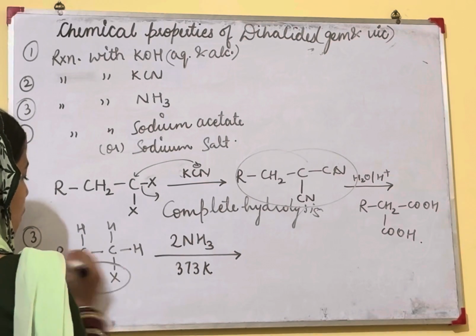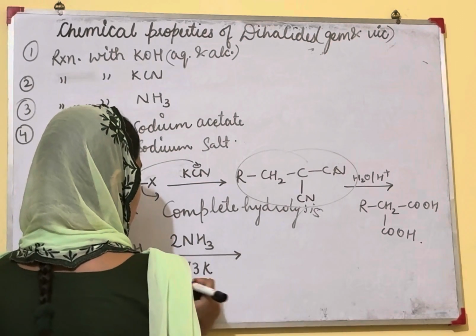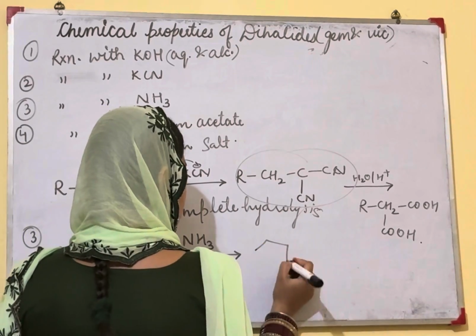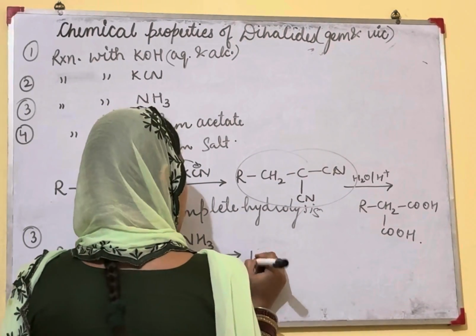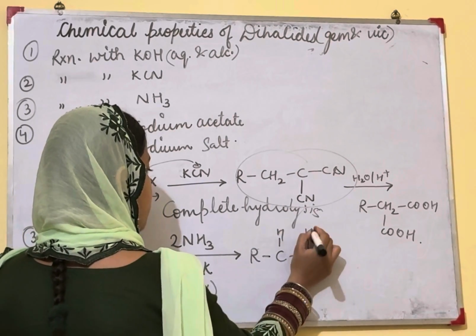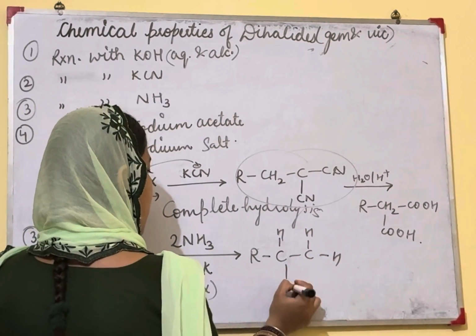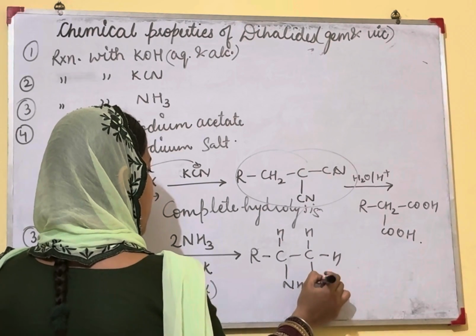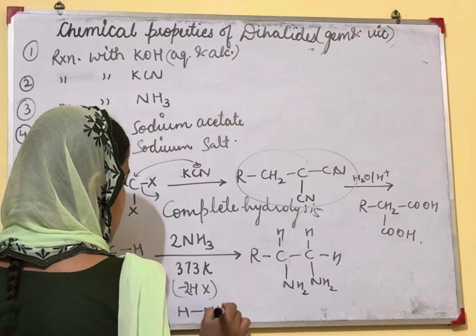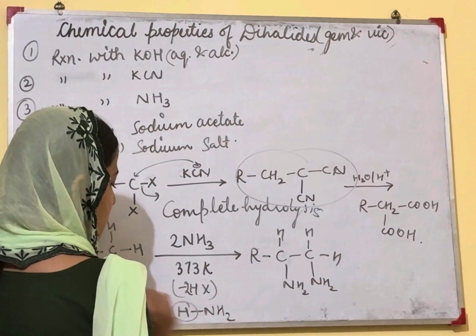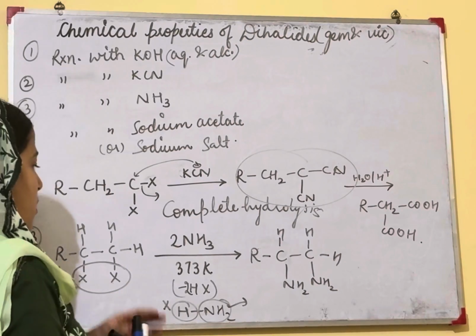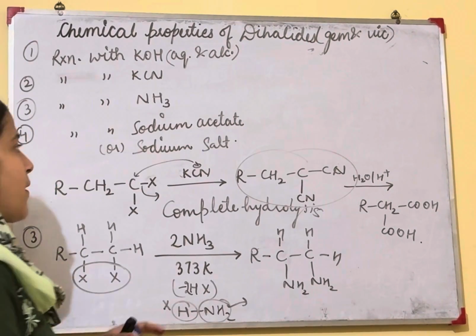Then these 2 halogens will be removed along with H, so minus 2HX, and it may lead to the formation of amine. Here an NH2 group, here an NH2 group. Basically this NH3 will break like this. This H will go with X and this will be attached. So these are the certain reactions.